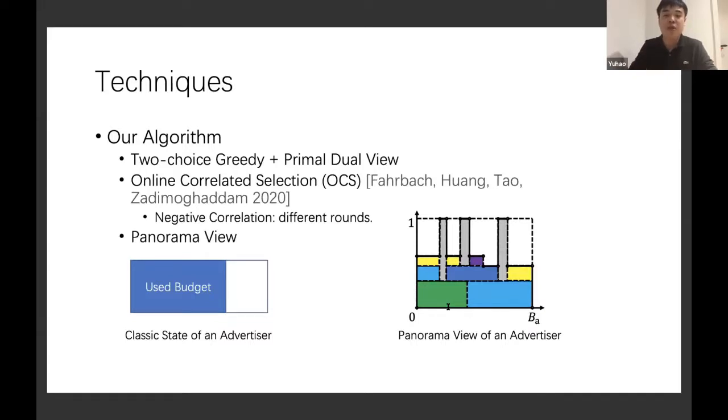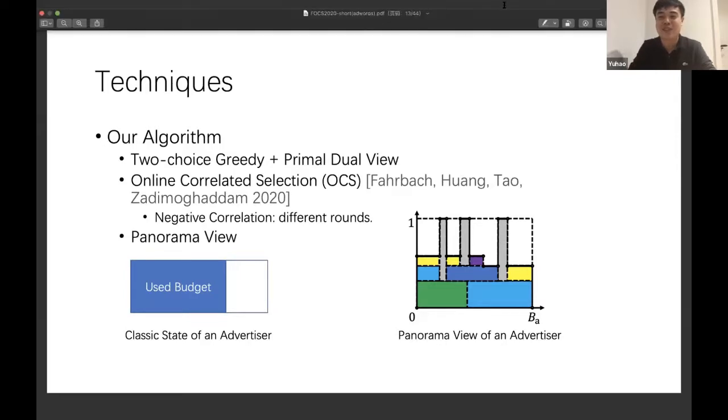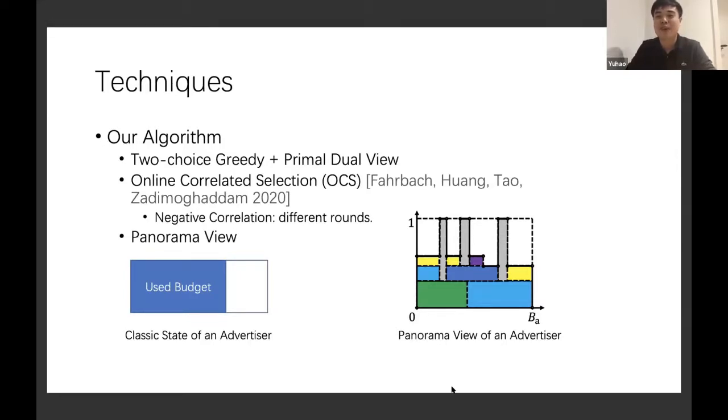With this view, it makes it possible to apply the OCS technique. Simply speaking, we create negative correlation for each point's different rounds. I can't describe it very clearly in this short talk, but it's the simple idea.